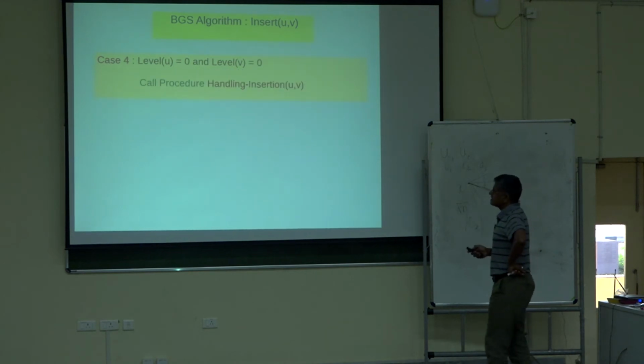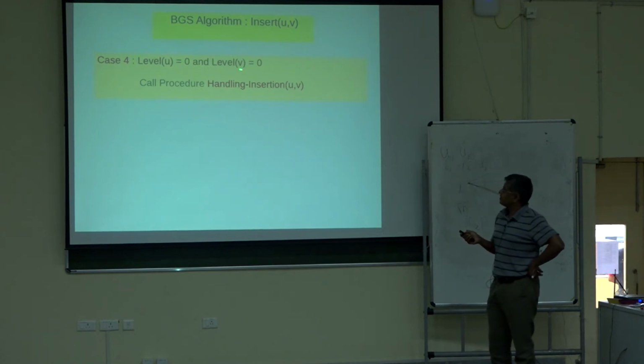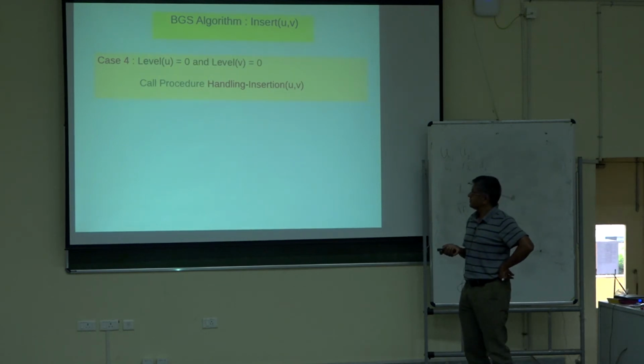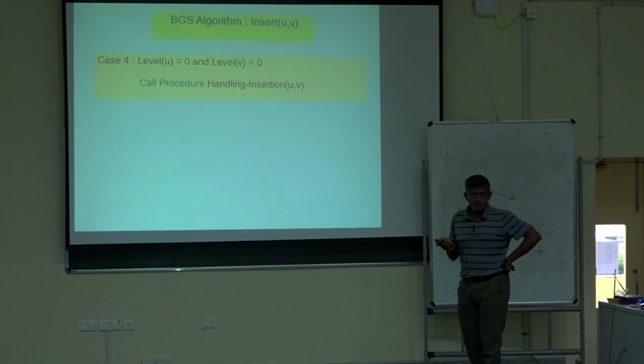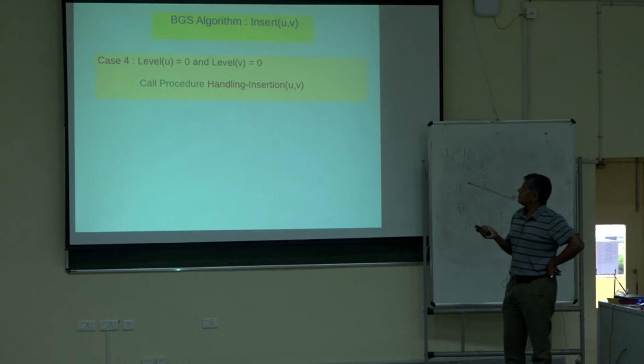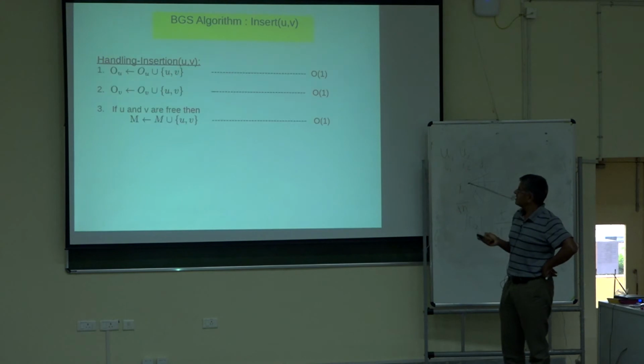So this is the more interesting case, where U and V both are at level 0, and there are many things that can happen. But definitely the ownership lists of both the vertices are going to become larger, because at level 0 an edge is owned by both its endpoints.